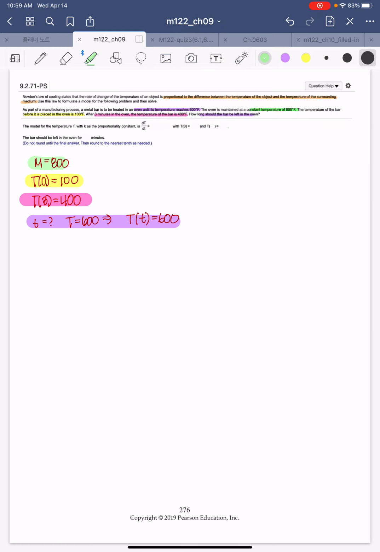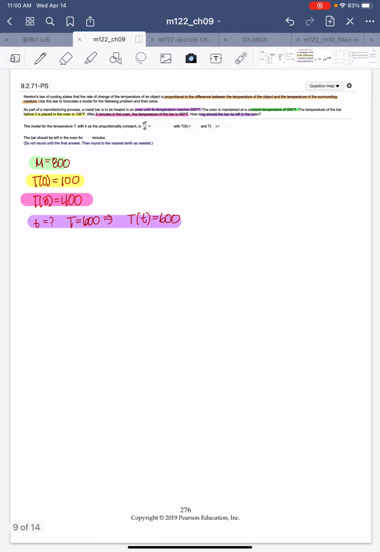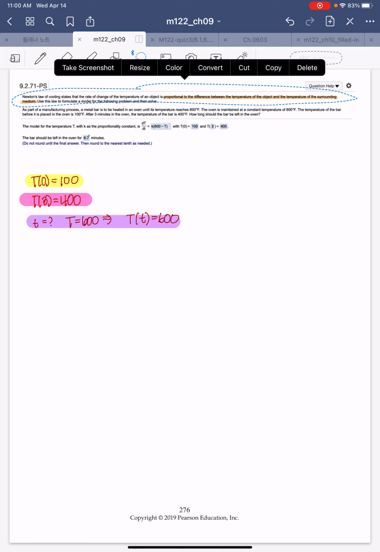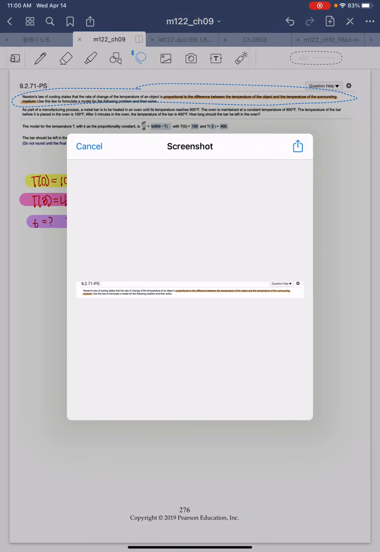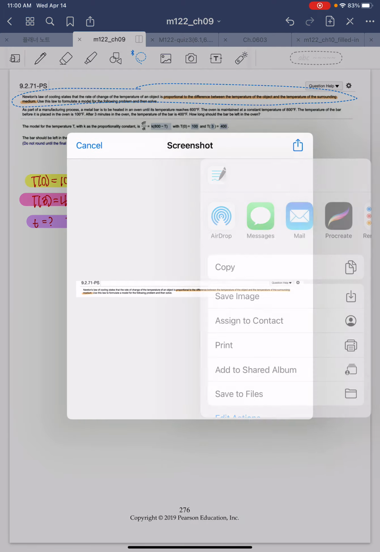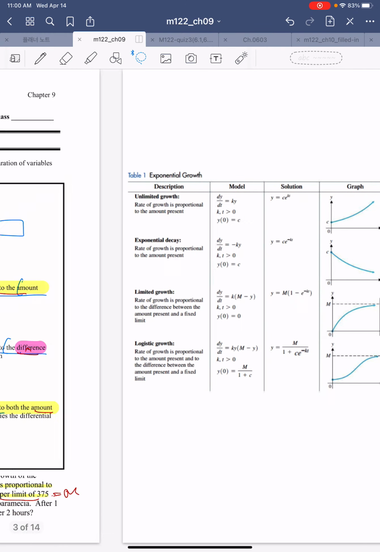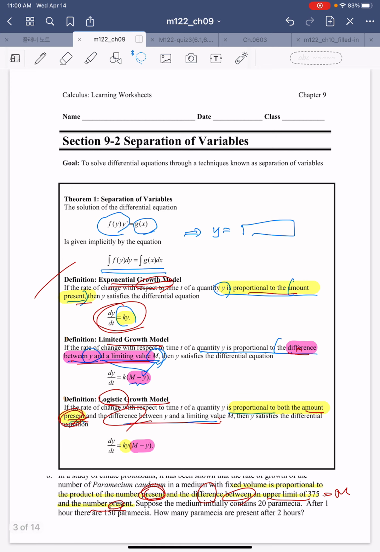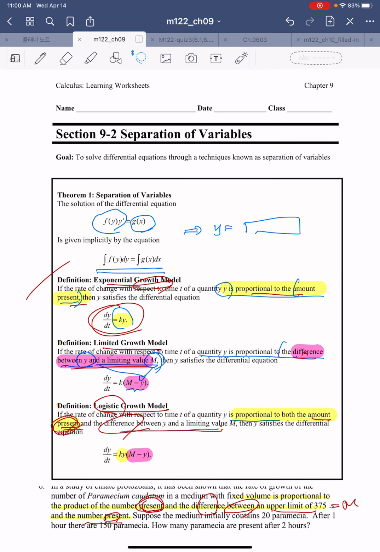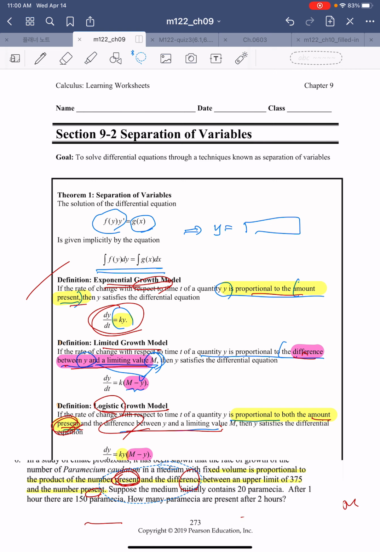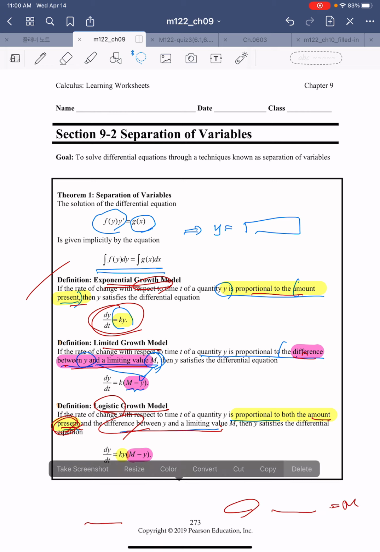Okay, so let's go back and read our question here. I'm going to screenshot this and see which one out of the three our model represents.